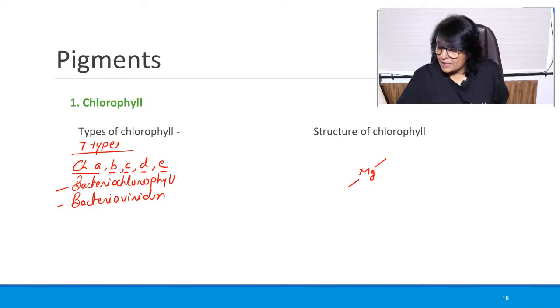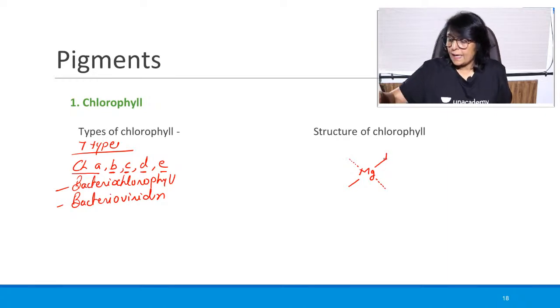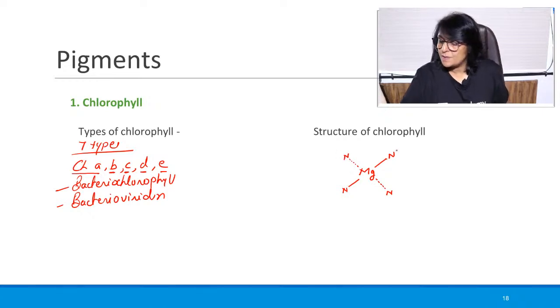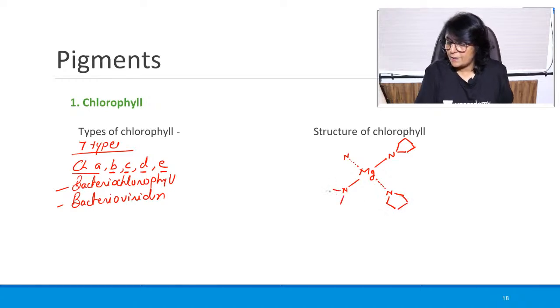And attached to this magnesium there are 4 rings, and the rings have nitrogen where this magnesium is attached. So let us make these rings. This is the head part that we are drawing.